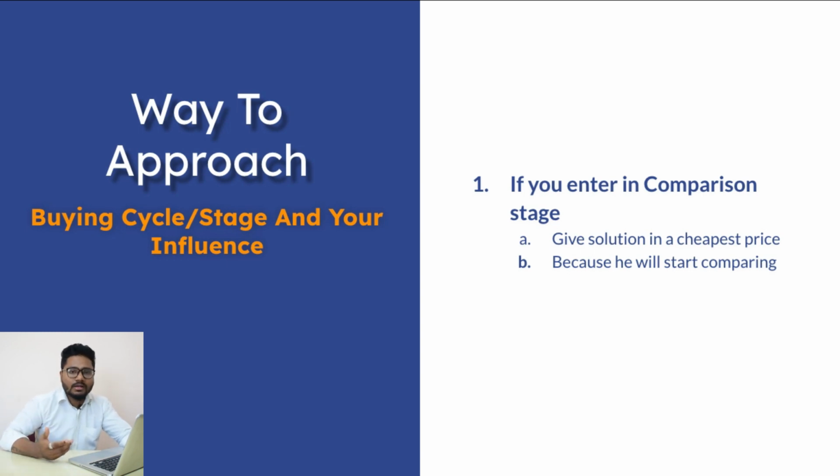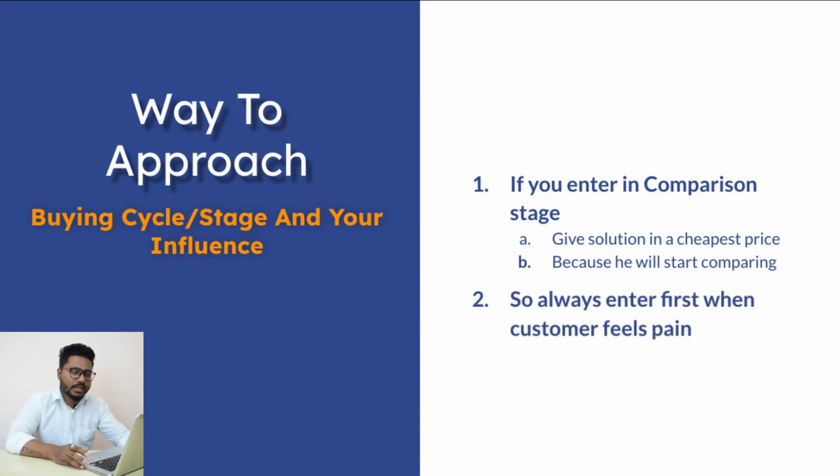Then he will start comparing, and if you want to close the deal, then you have to give the cheapest price. So always make sure that you enter in an early stage where they are feeling the pain. Now you'll have a question in mind. How will we understand whether they are feeling the pain or have some problem? That is correct. But the thing is that we should approach proactively. There are multiple ways.